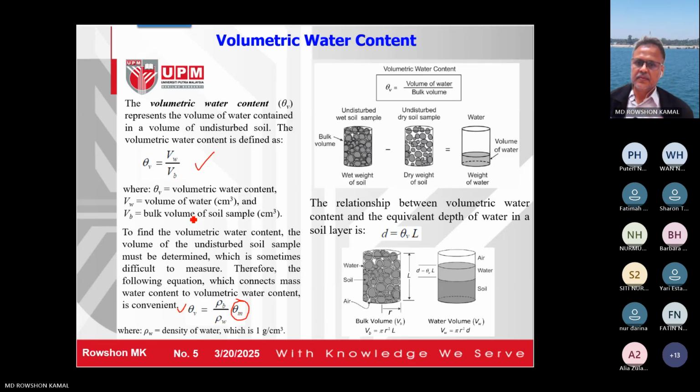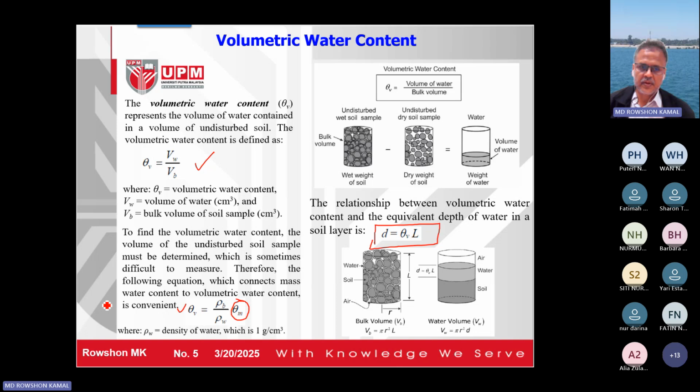Okay, why is this theta b important? Theta b is important because of this equation you can see here, this one. Okay, you can see the d here, because this is a volume, is it? This is a volume.